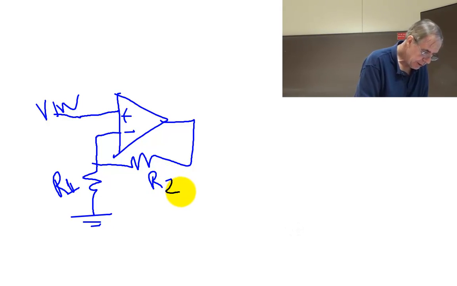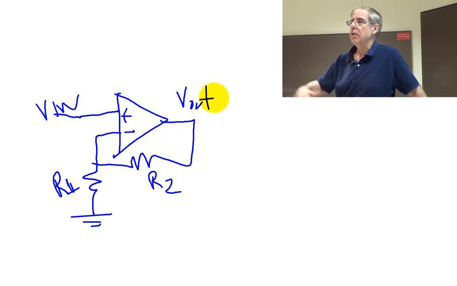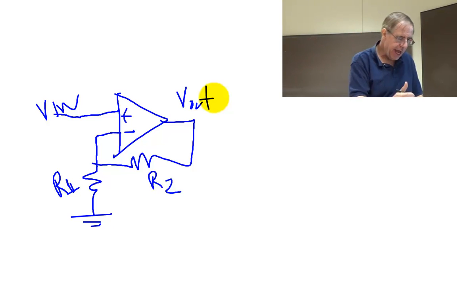This one we can build. All right, rule number 1. What was rule number 1? Help me. Negative feedback. Rule number 1 is negative feedback. What was rule number 2? It's rail to rail, which means that we're going to have to make sure.